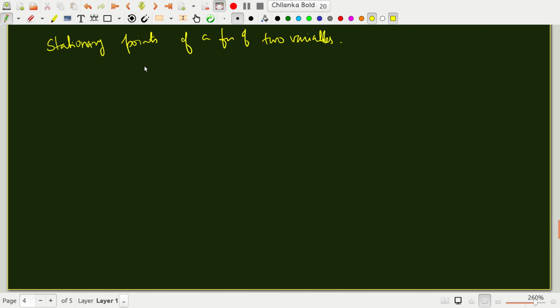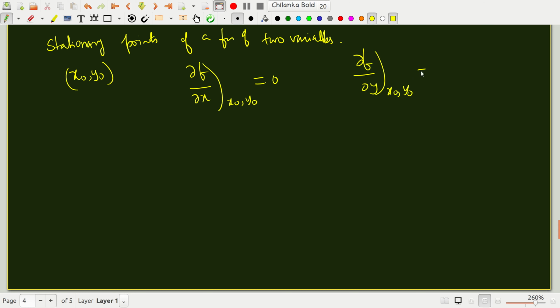Now clearly, if you have a function of two variables, suppose you take a point x0 y0. If you want this point to be a stationary point, that means if you walk a little bit away from that point, then you should not find any change. So that means that partial f partial x at x0 y0 should be 0, and partial f partial y at the stationary point must be 0.